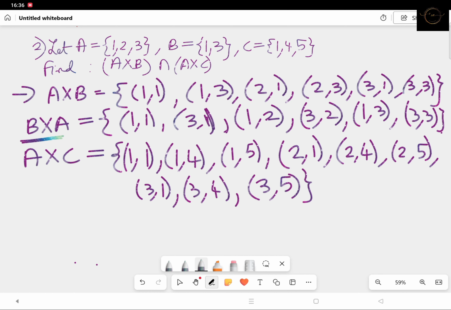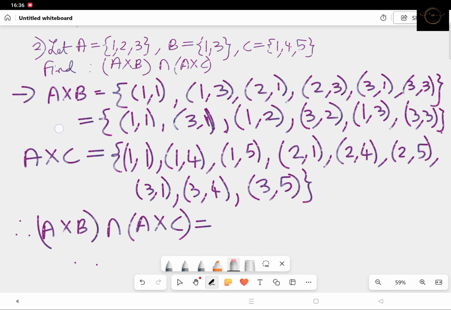Okay. So now you have A into B, you have A into C. What you have to find out now? Therefore, (A into B) intersection (A into C). What will be the answer?